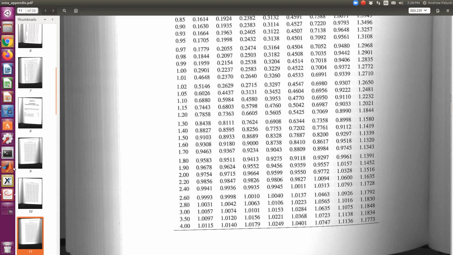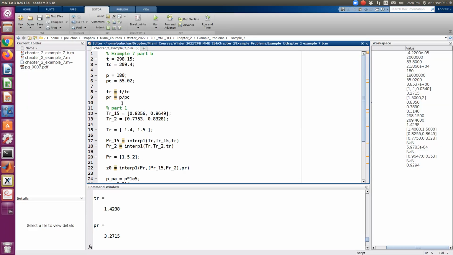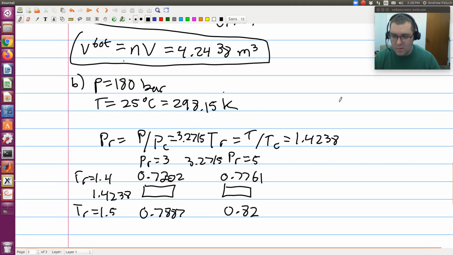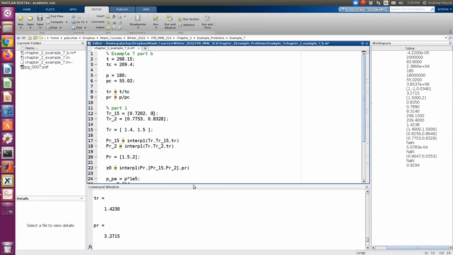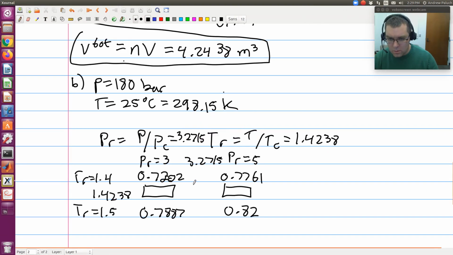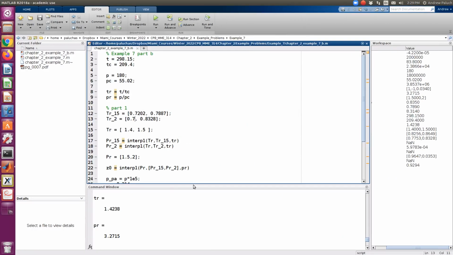So let me put MATLAB back on top. Try and reuse this as much as possible. Okay, and we can keep things the same. So this is my first column, 0.7887, and 0.7761, my second column.